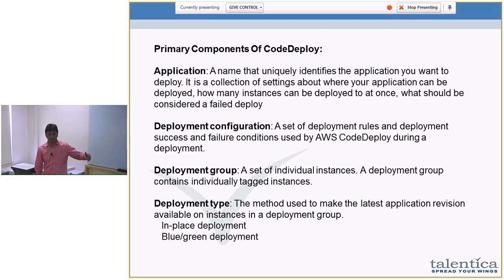All the production servers will go to that particular deployment group. All the staging servers will go to the second deployment group, which may be called the staging group. We are separating those groups.